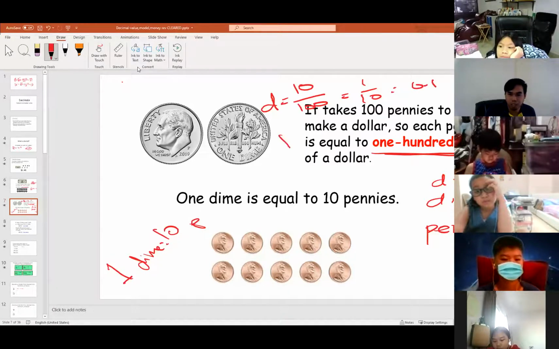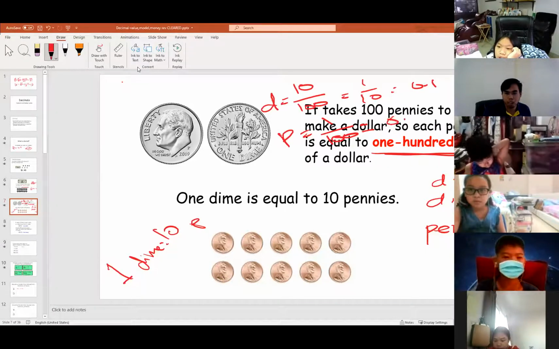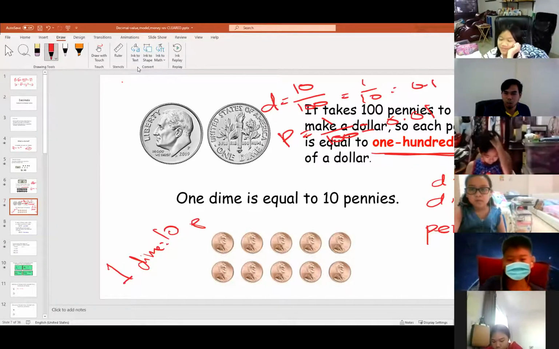For pennies, you need exactly 100 pennies to make $1. So 1 over 100 is 0.01. See that? 0.1, 0.01.